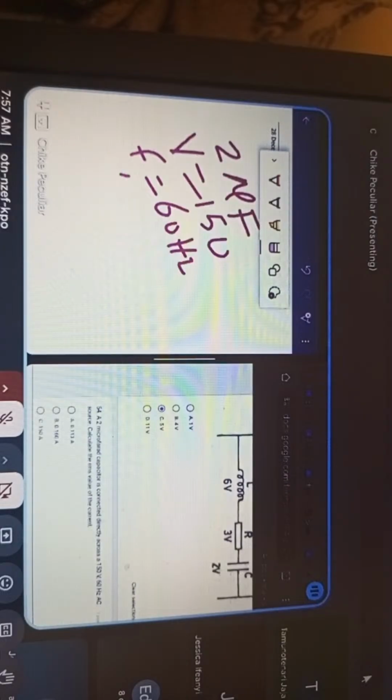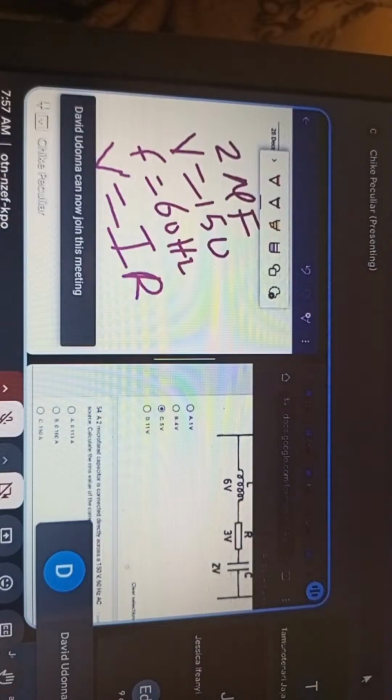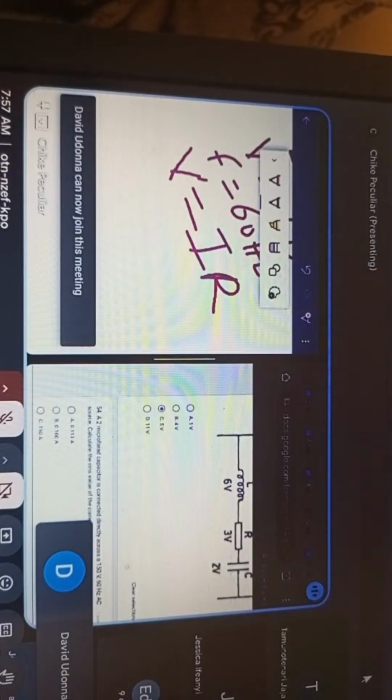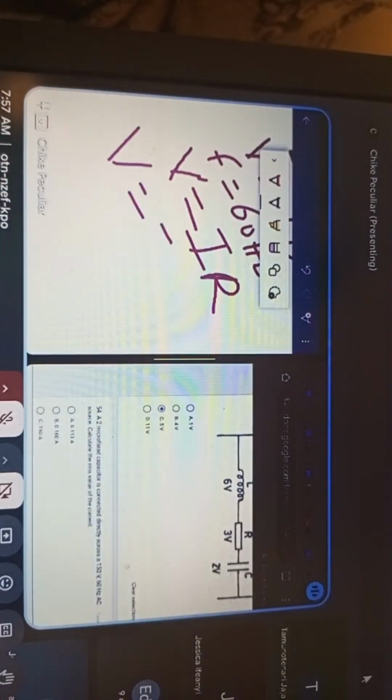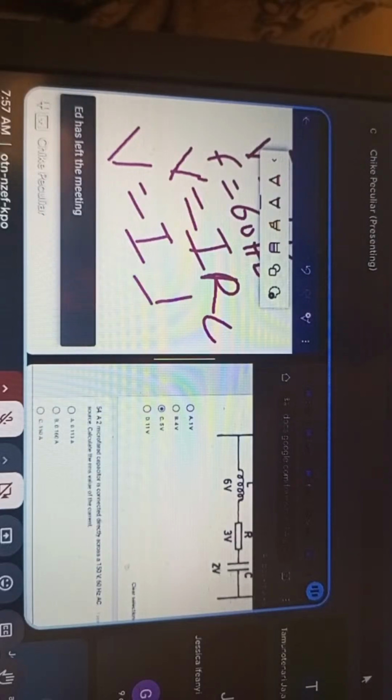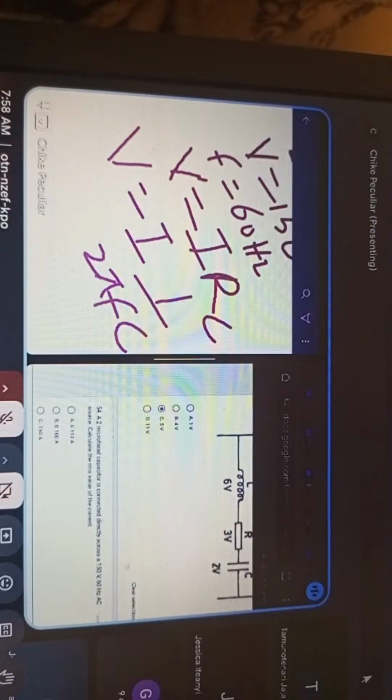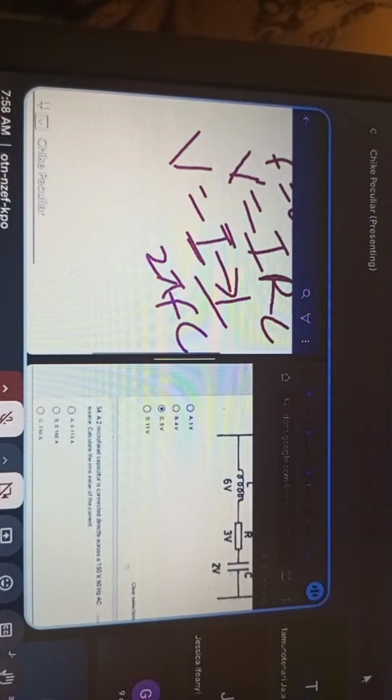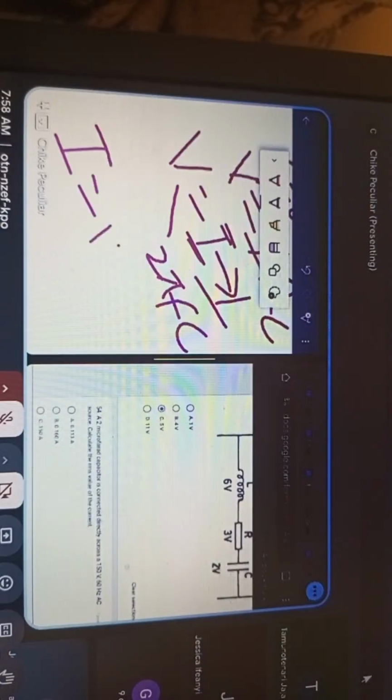The formula is still the same as your direct current: voltage is equal to current times resistance. Now this is a capacitor, so the resistance in a capacitor is given by 1 over 2 pi FC. So current is going to be equal to voltage times 2 pi FC.